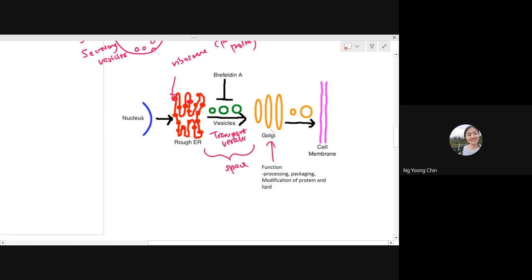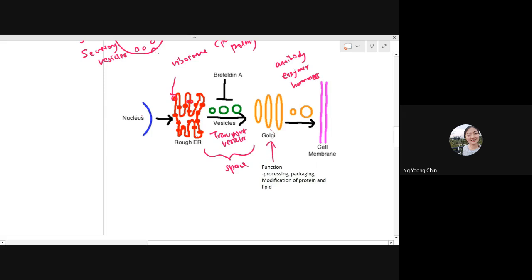Golgi is just like a factory, because the Golgi apparatus will get the protein, right? And then they can modify the protein into a product which is really useful. So when the product comes from the Golgi apparatus, it will not be just pure protein anymore. They will become products, for example, antibody, and also maybe enzyme, maybe hormones.